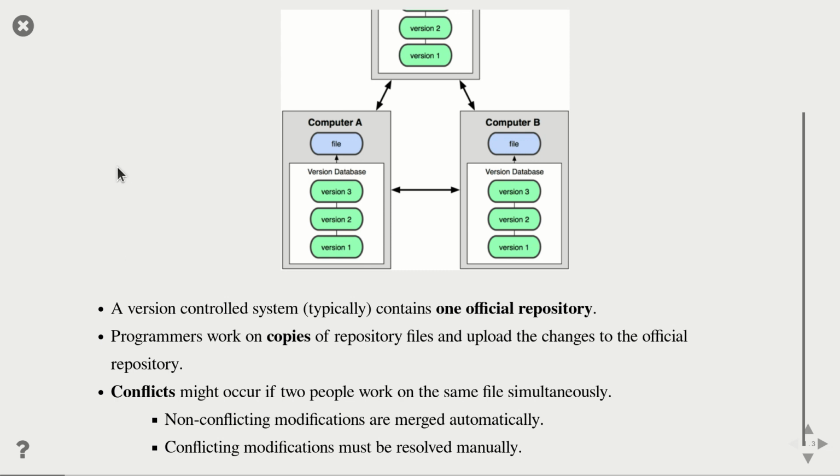But there might be other conflicts when programmers edit the same line in the same document independently, and then you're trying to sync it. Then there's no easy way to do this automatically, and manual intervention might be necessary.